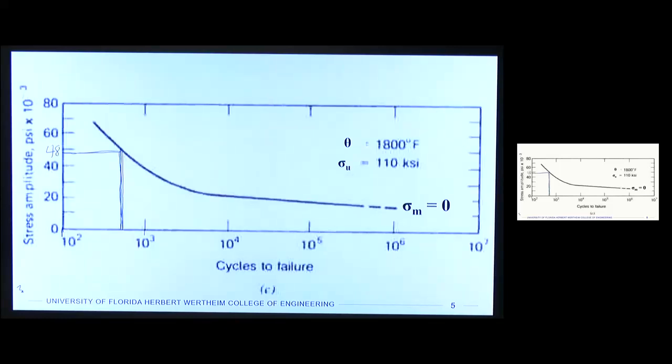Okay, and then if we had 3,000 cycles to failure, that would be about halfway between 10 to the 3 and 10 to the 4 on a log scale. So come up here, come across, and I'd put about 25 for that one.